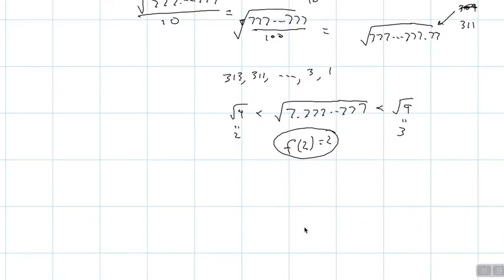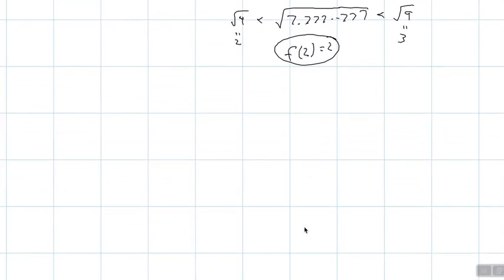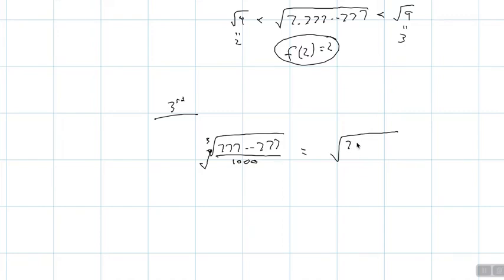And we can repeat this process for all of the leading digits. So we'll go with the third root. Here we have 777... to the third root, and we need to divide by 1,000.